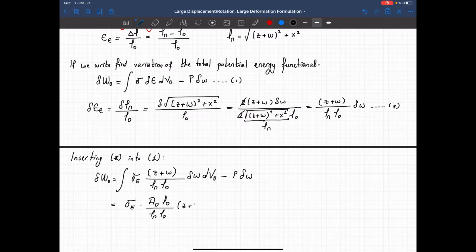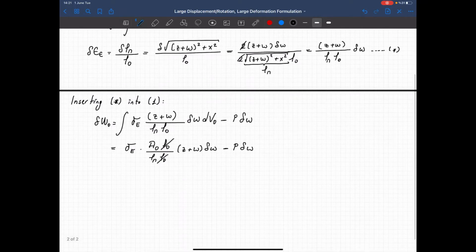We have (Z plus W), variation in W, minus P times that variation in W. So these two will cancel, and at the end of the day we will have the following expression. Thus P will be equal to stress multiplied with the initial area, times (Z plus W) divided by the final length.